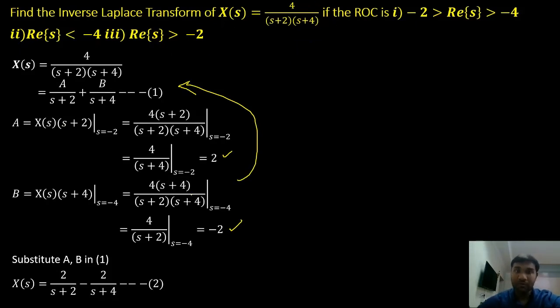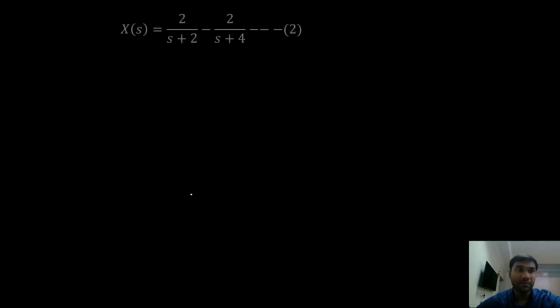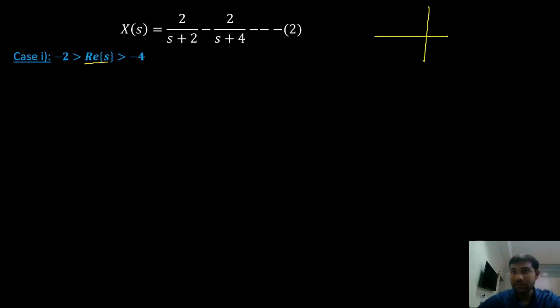Now, we'll consider the first case. What is the first case? What is the ROC given? My ROC is in between minus 2 and minus 4. That is the first ROC. Let me draw my ROC here. This is 0, minus 2 is somewhere over here, and minus 4 is somewhere over here.